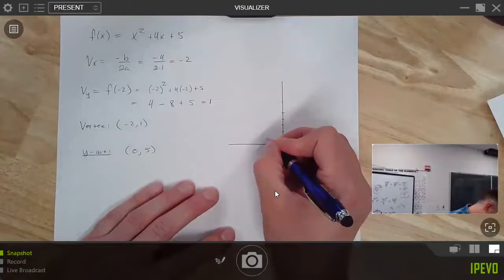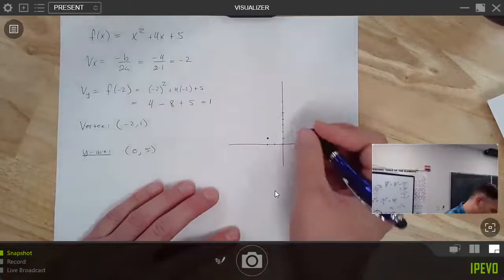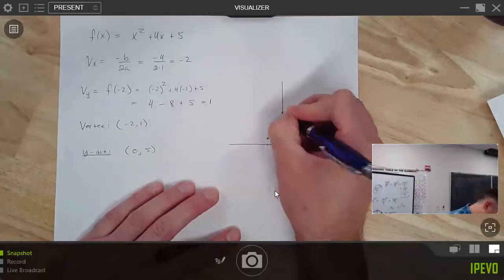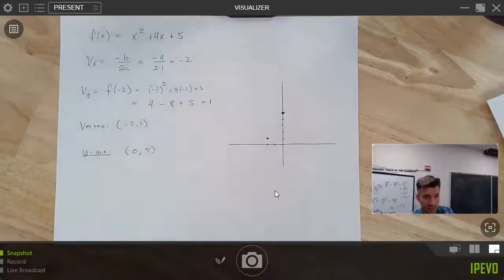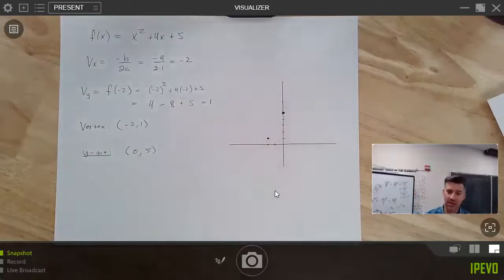So here's my vertex at -2, 1. And here's my y-intercept at 0, 5. And I think we can all see, well, this parabola definitely opens upwards. And so I'm not going to get any x-intercepts. When that happens, I generally find I don't have enough points to really make it look nice.